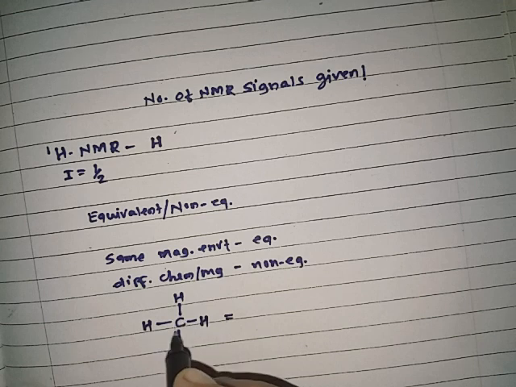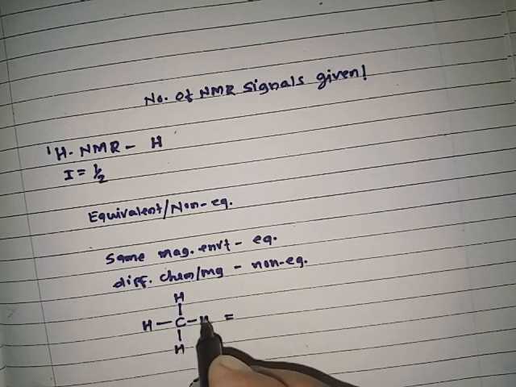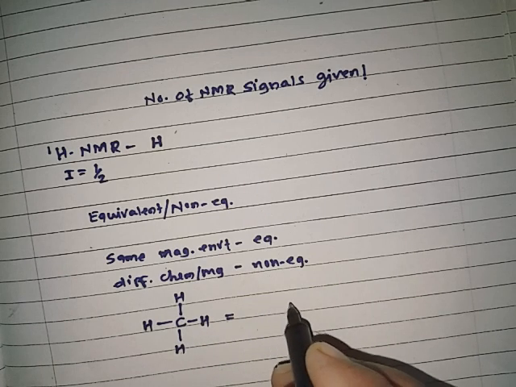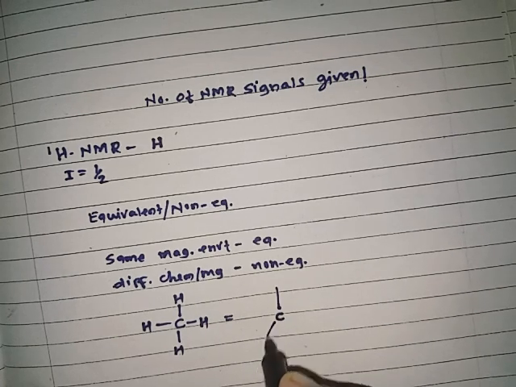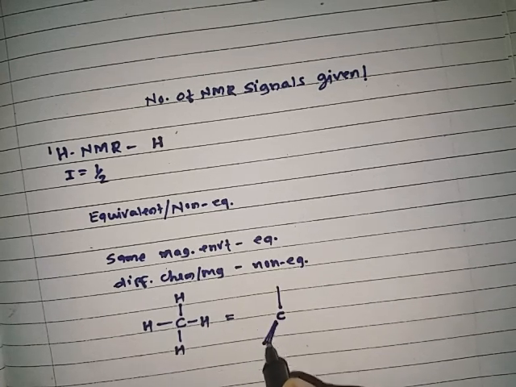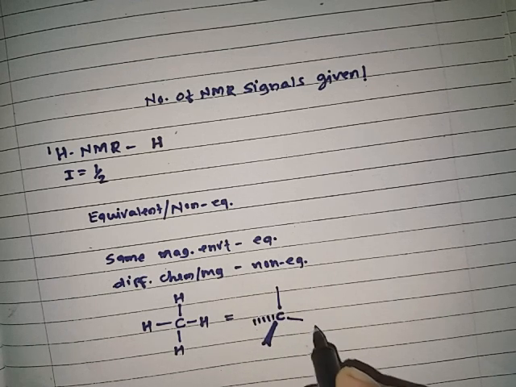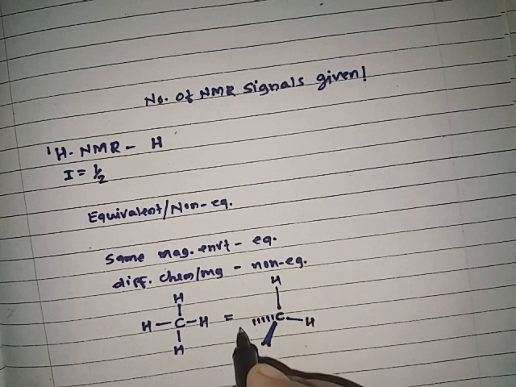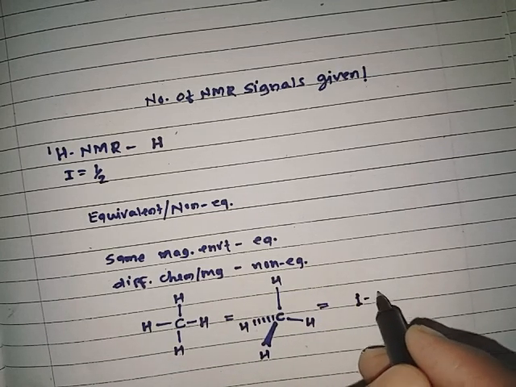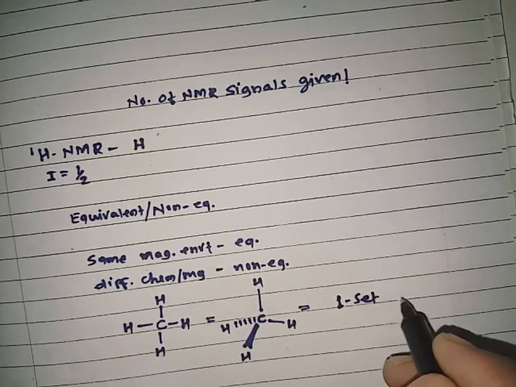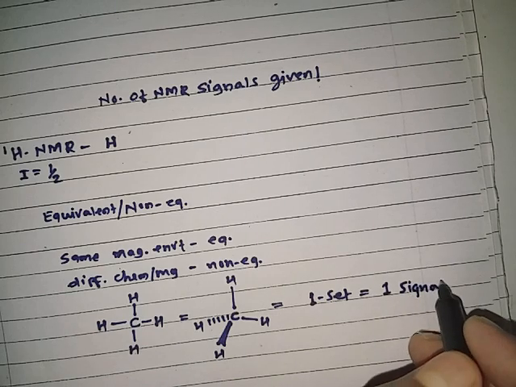It means that all are surrounded by carbon, and in the case of the tetrahedral structure we can write it with thick and wedge lines. Here all the bonds are the same, so there is one set of protons and we will get one signal in NMR spectroscopy.